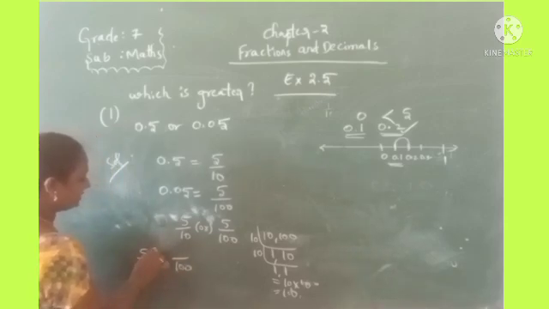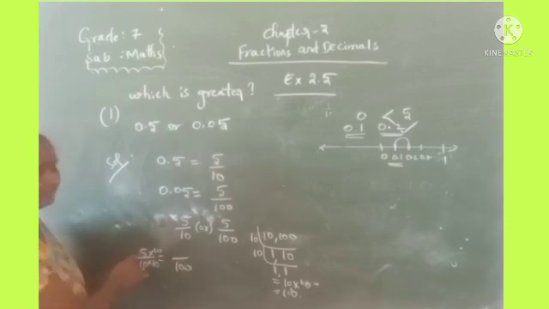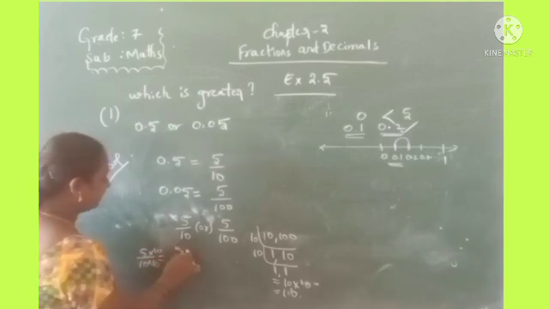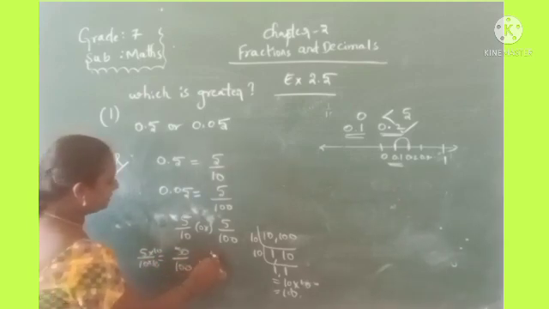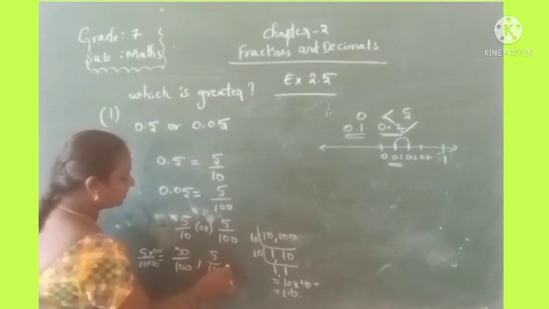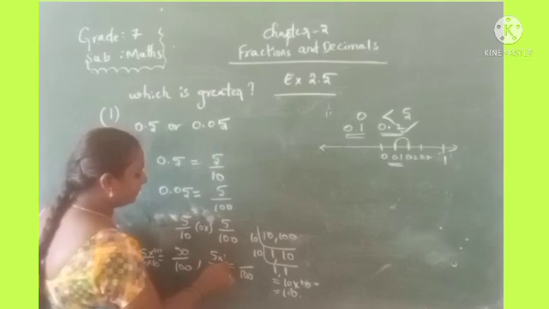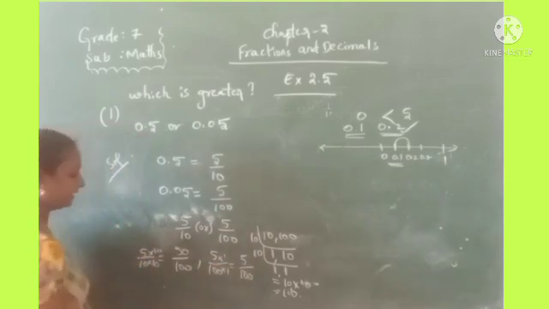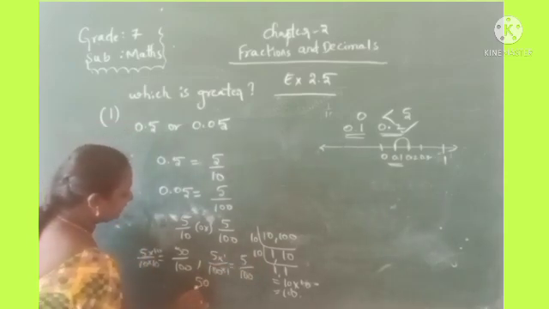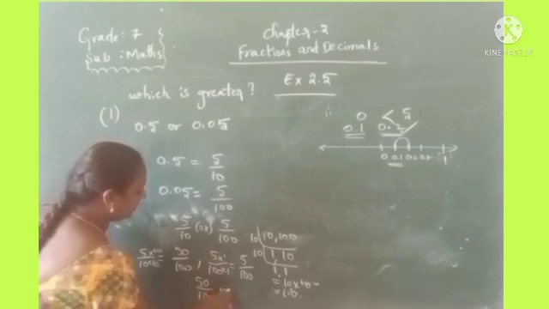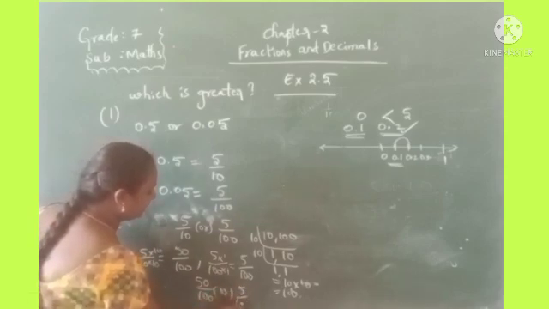By multiplying the numerator and denominator by 10. That is 5 into 10, 50 by 100. Here we already have the denominator 100 in 5 by 100, so just multiply by 1. Now compare 50 by 100 or 5 by 100.